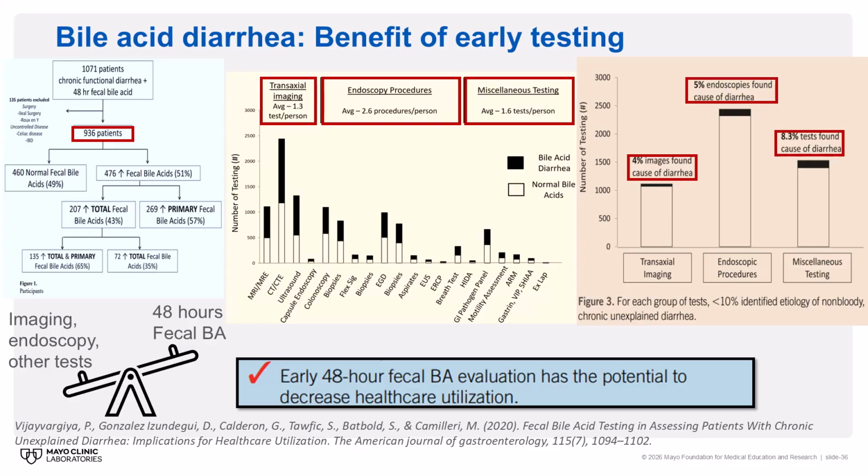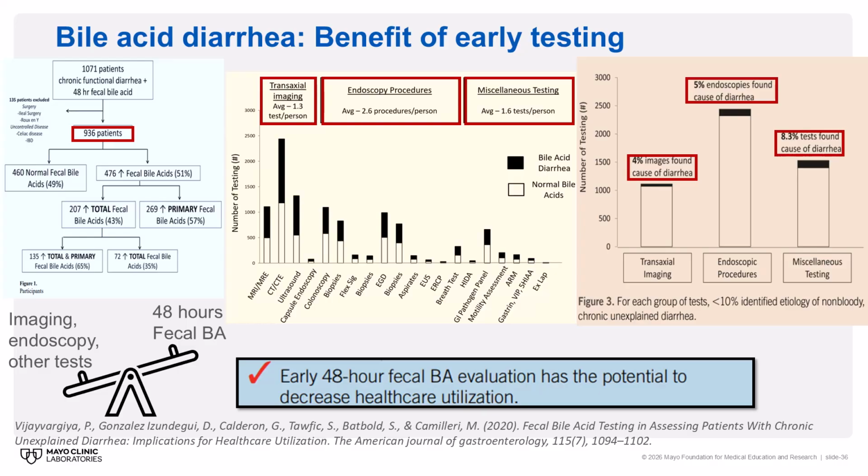Now, you can see in the middle of the slide that the tests were done equally for the patients who ended up with a bile acid diarrhea diagnosis or normal bile acids in the stool, whether it was upper GI endoscopy, biopsies, colonoscopy, etc. You can see the histograms show an equal distribution of those tests for cross-sectional imaging, endoscopic procedures, or miscellaneous testing.